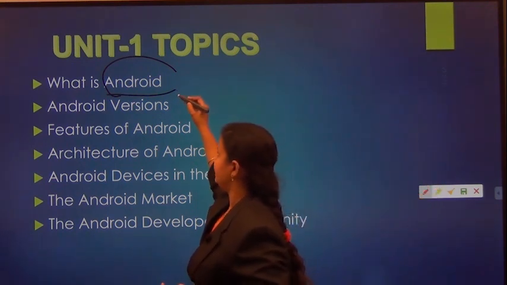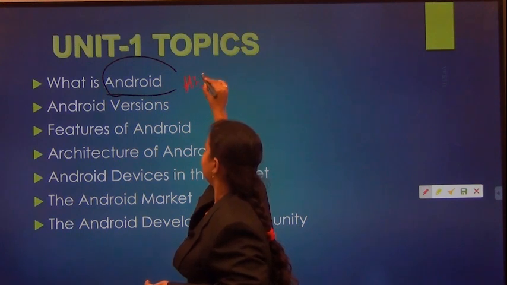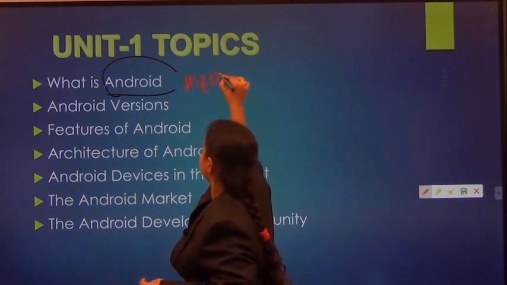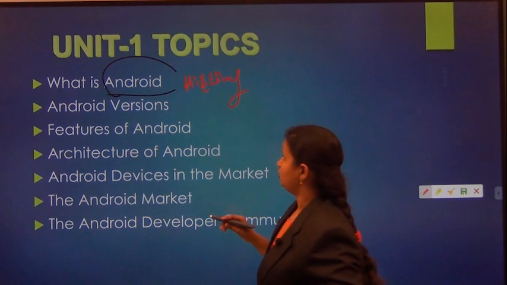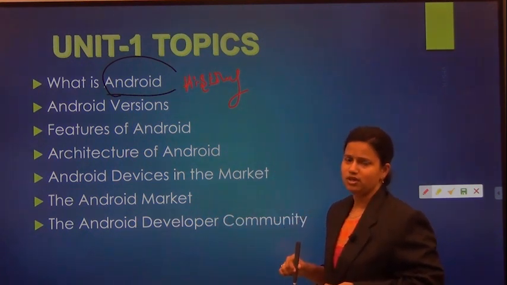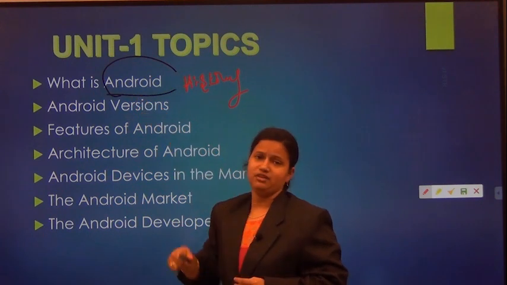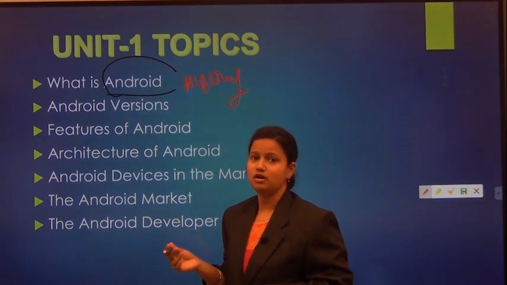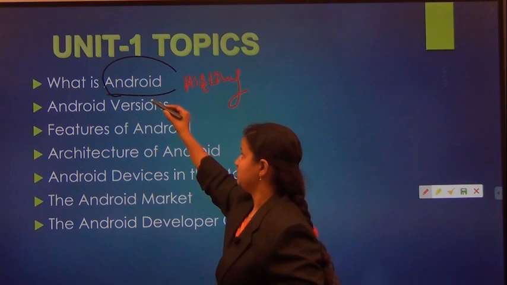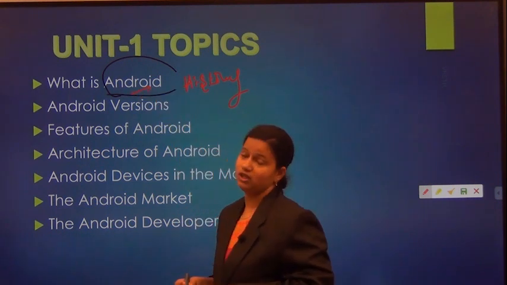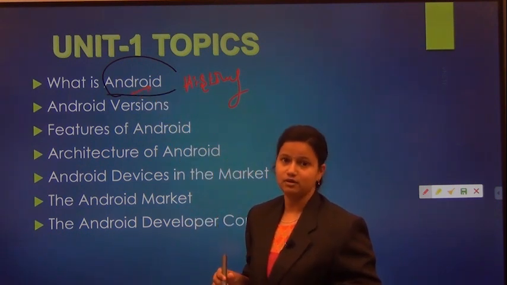One more concept is the history of Android. So what is the history? That means in which year the Android development was started, and later on how many companies changed, and what are the different versions available.